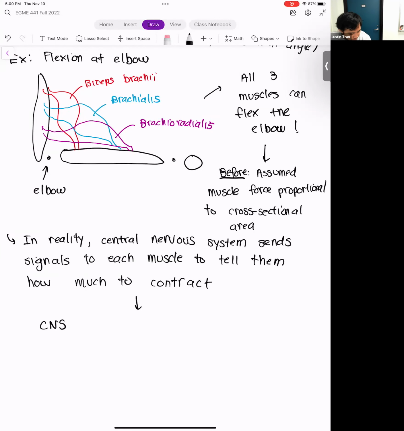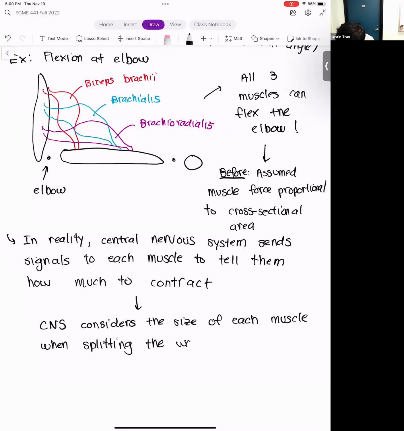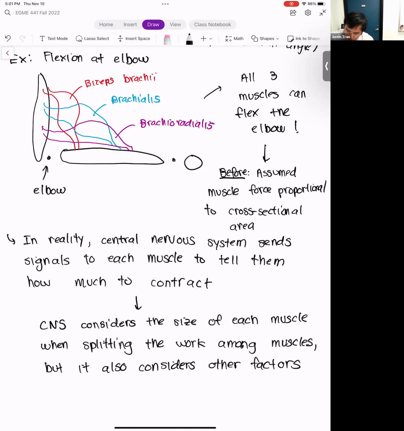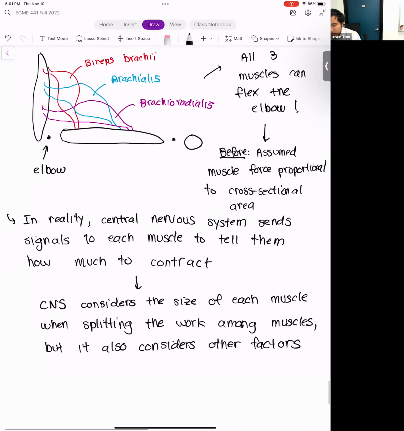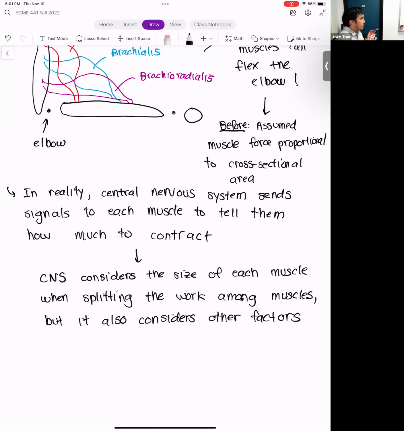And so I'm going to abbreviate central nervous system as CNS. Okay. And so, like I just mentioned, think of the central nervous system as kind of like a manager at a job, right?